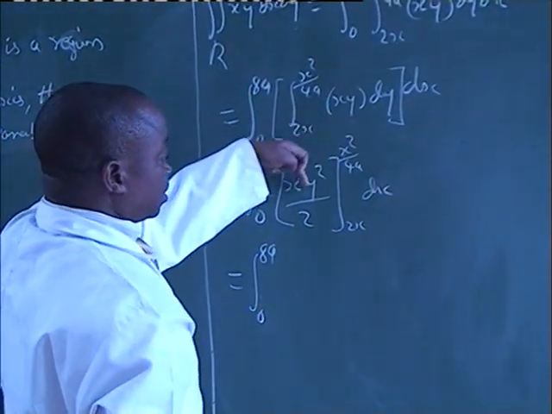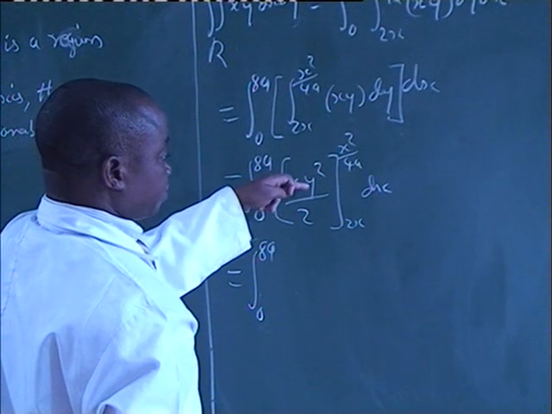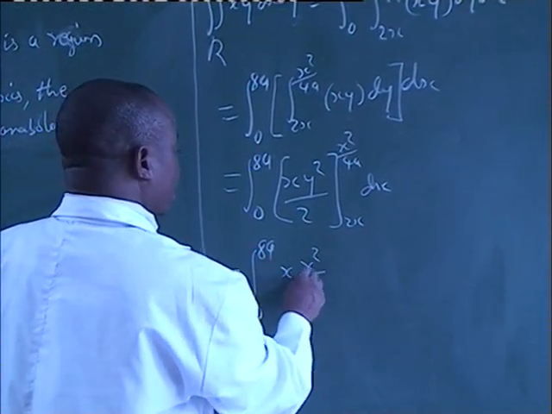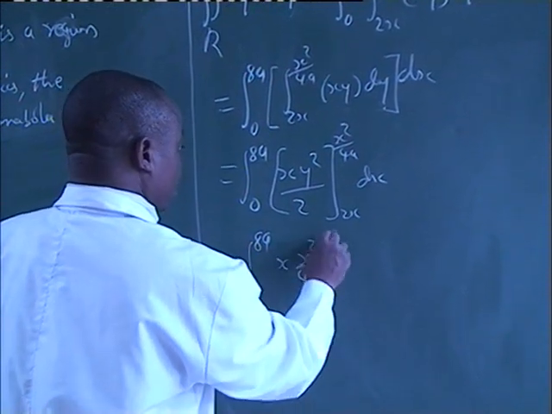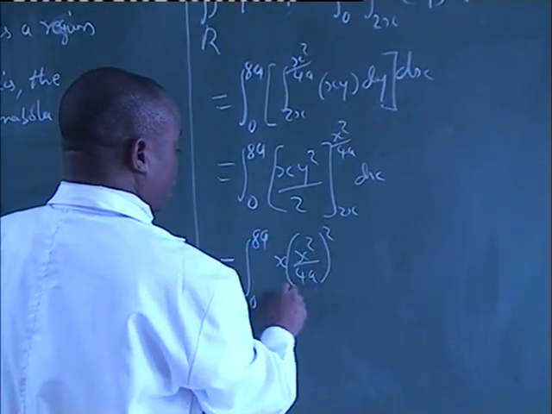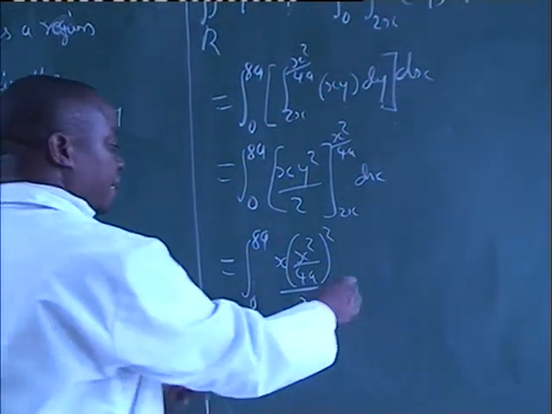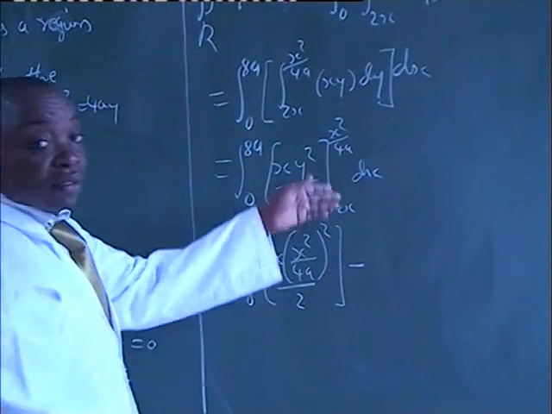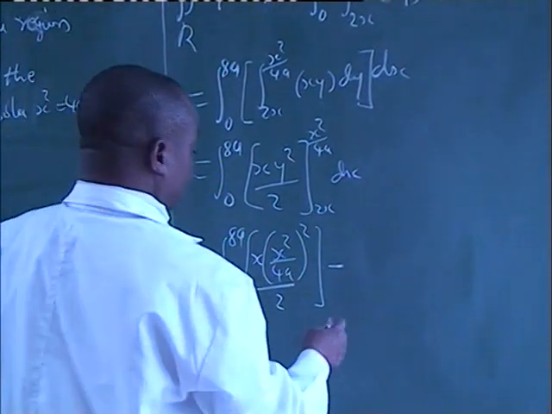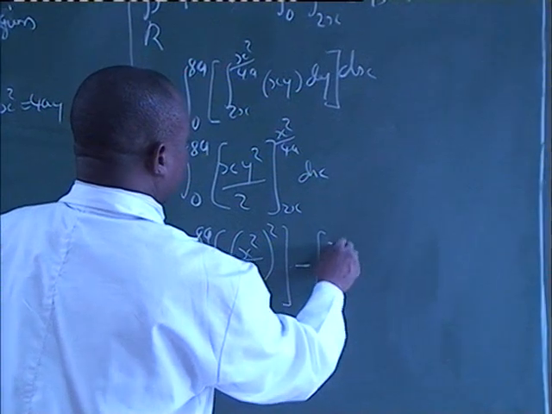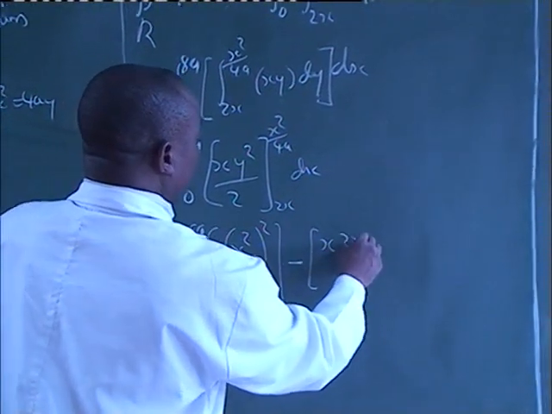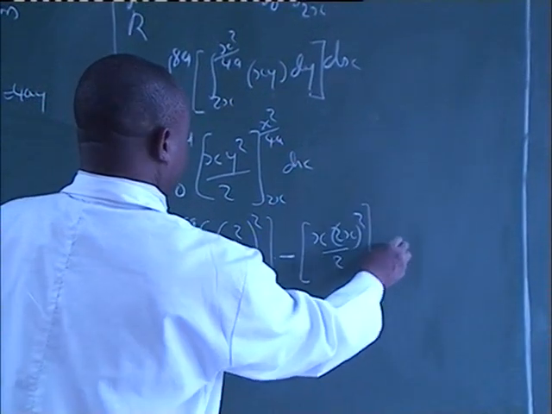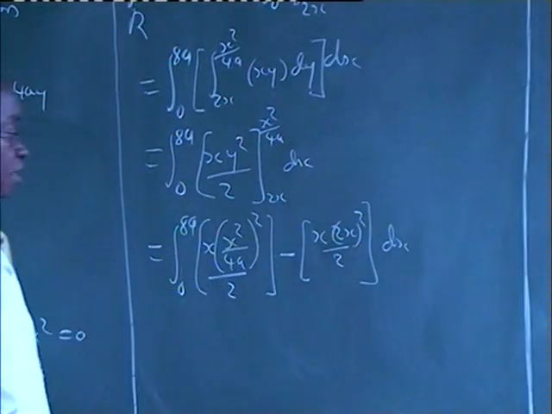Now if I put this in here, we'll have x, then we have x squared over 4a in the place of y, squared over 2, minus, this is the upper limit, so we minus the lower limit, which is x, then we have 2x squared over 2, dx.